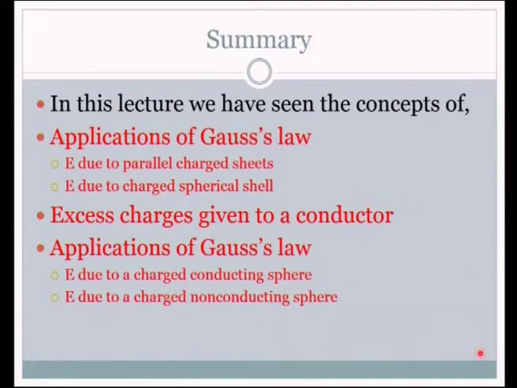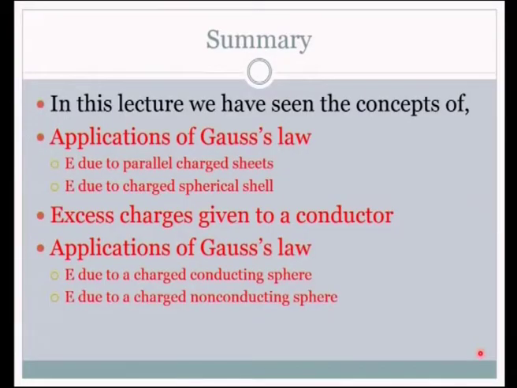And then we have discussed where the excess charge resides in a conductor and an insulator. Finally, the application of Gauss law for the electric field due to a charged conducting sphere and the electric field due to a charged non-conducting sphere. The non-conducting sphere we called the spherical charge distribution.